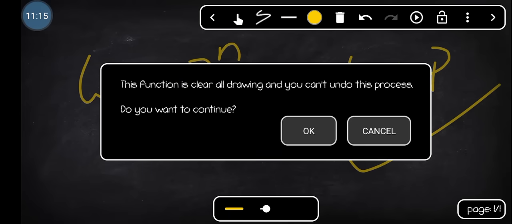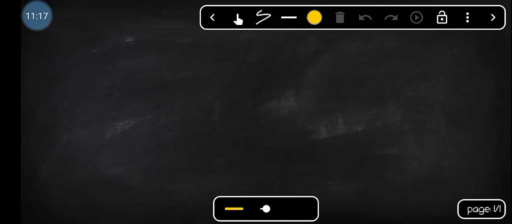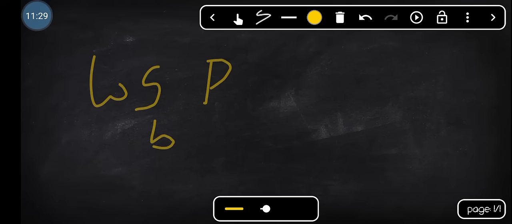So another one we're going to talk about is what we call the change of base. For example, let's look at log p base b.